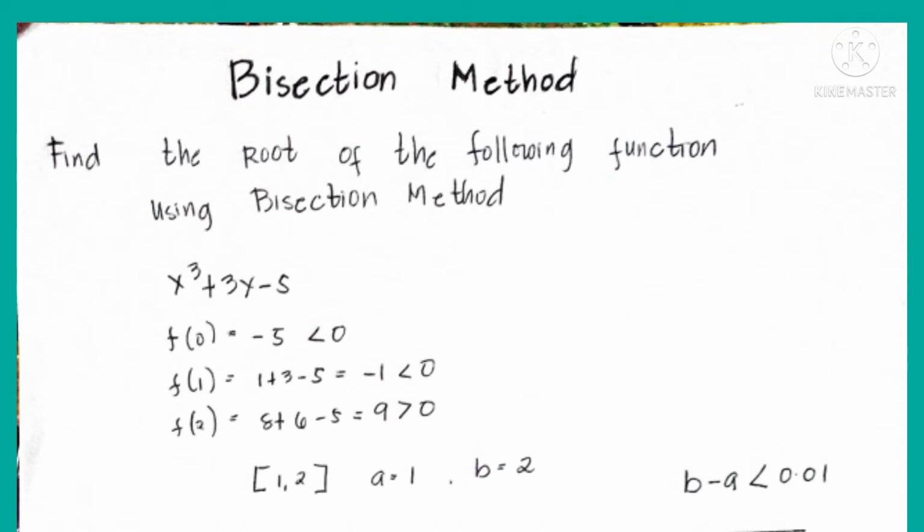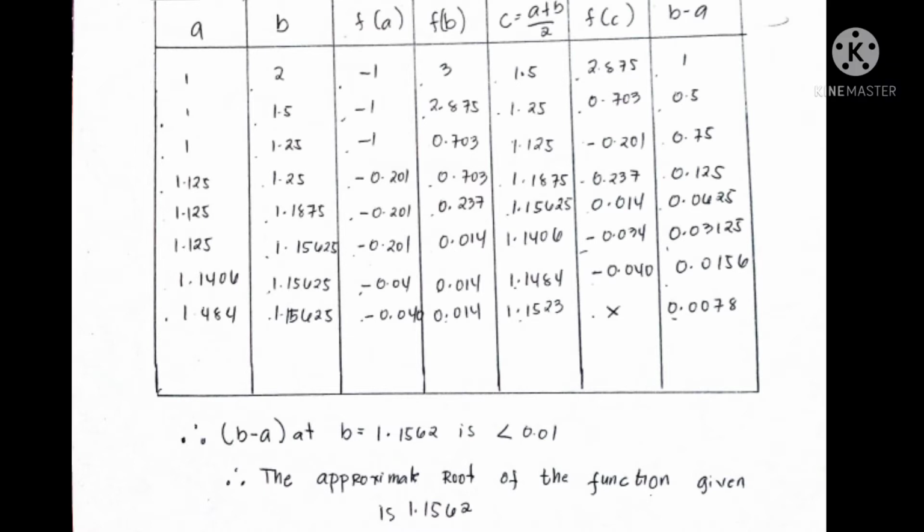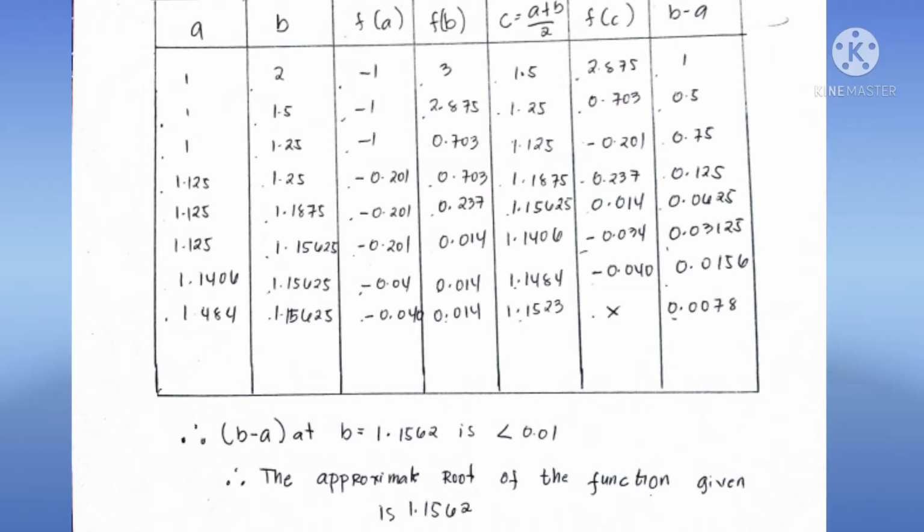And take note, in finding the interval, the answer should lie between negative and positive, and it should be the closest one. f of 1 is equal to 1 plus 3 minus 5, which is equal to negative 1, which is less than 0. And f of 2 is equal to 8 plus 6 minus 5, which is equal to 9. So, negative 1 and 9 are the closest. So, our interval will be 1 and 2. In the interval, A will be 1 and B will be 2.